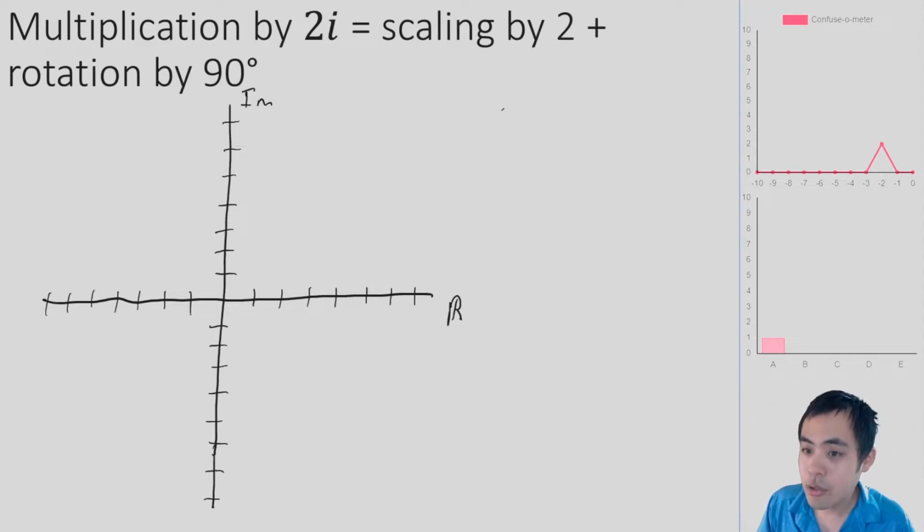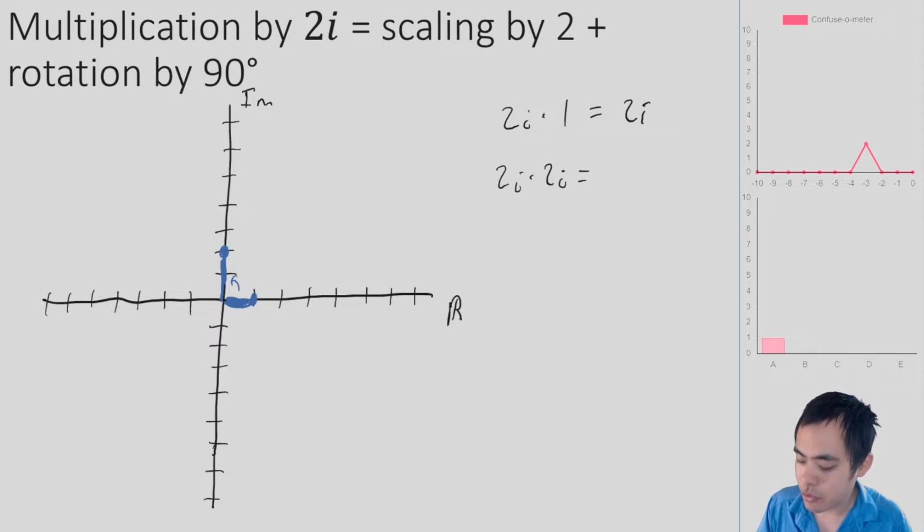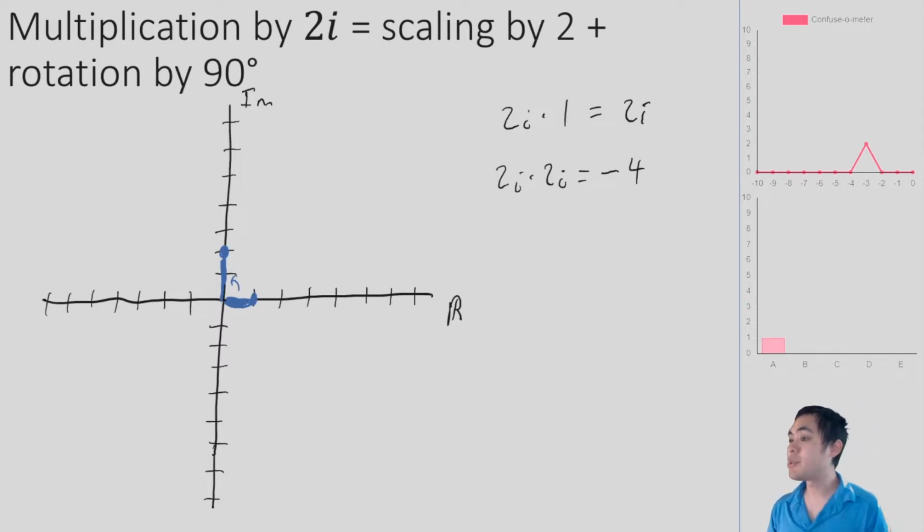So if we had 2i times 1, so if we start out with a point here, 2i times 1, well, that's equal to 2i. That's going to put us up here. So you notice that we've scaled by 2 and we've rotated. And if you do it again, 2i times 2i is going to be equal to minus 4, because i squared is equal to minus 1.